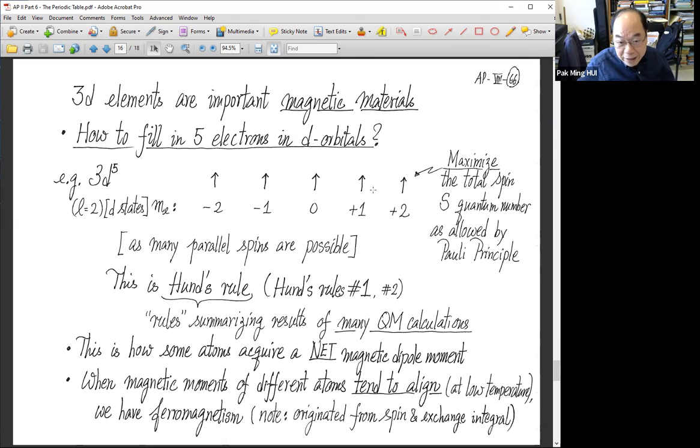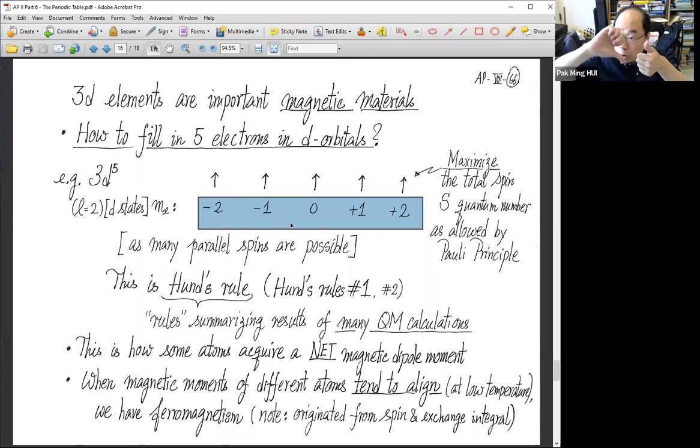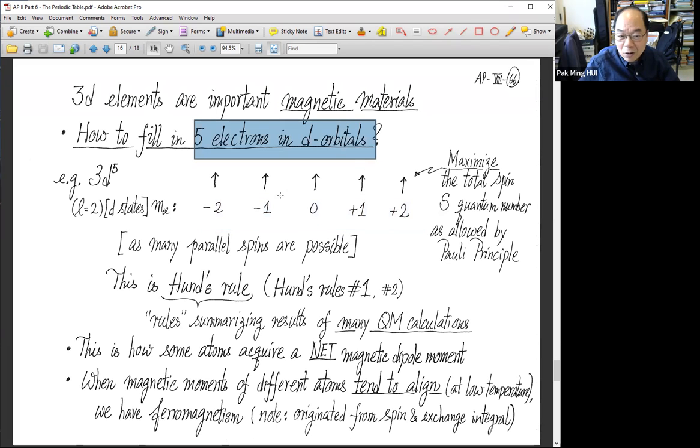So I already gave this example. So if you have these 5 d levels, and each one can carry 2 electrons, up and down, when you have 5 electrons in d orbitals, which way is the lowest energy filling?